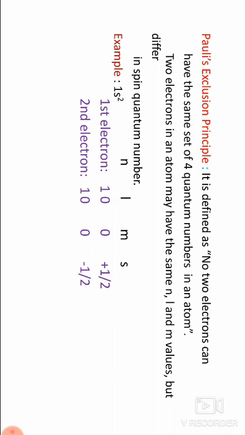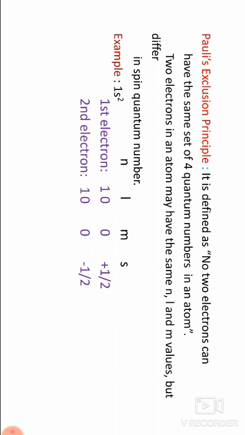For example, in the 1s2 configuration, the first electron has n value 1, l value 0, m value 0, s value plus half.